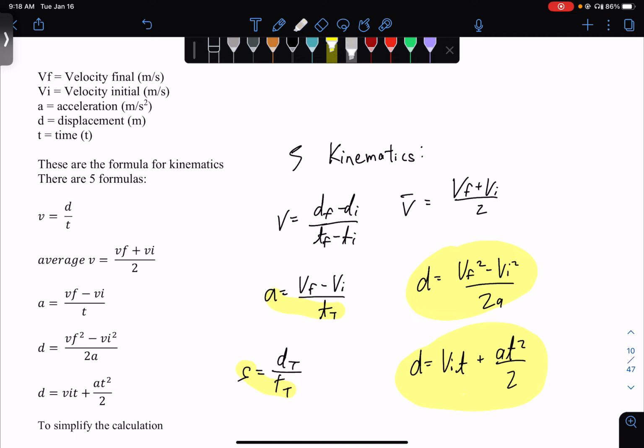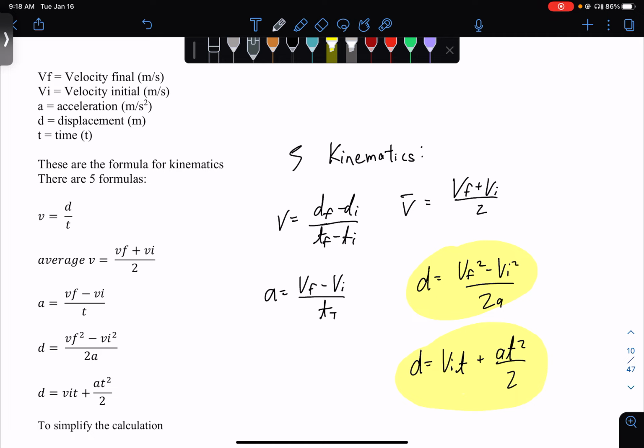And for velocity, the numerator for velocity is the same as the numerator for acceleration. It may be confusing, but it's up to you to find a way to memorize these formulas, find their differences, find the stark differences.